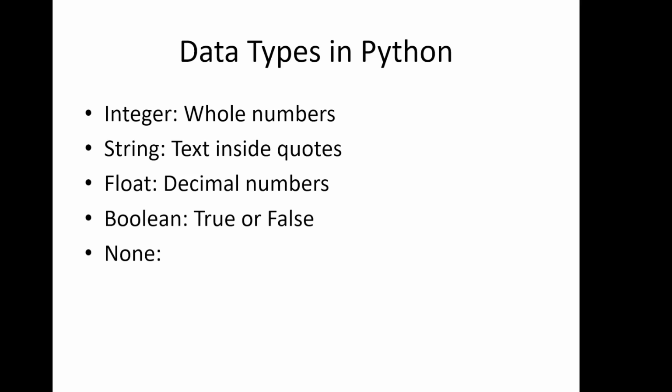Example, percentage is equal to 80.67. And a boolean value always stores True or False, two things only. None means no value. For example, result is equal to None. That means currently we do not have any data for it.